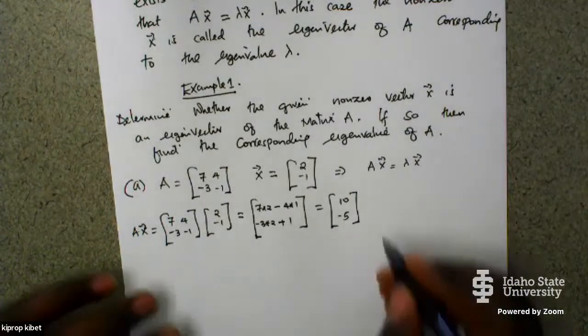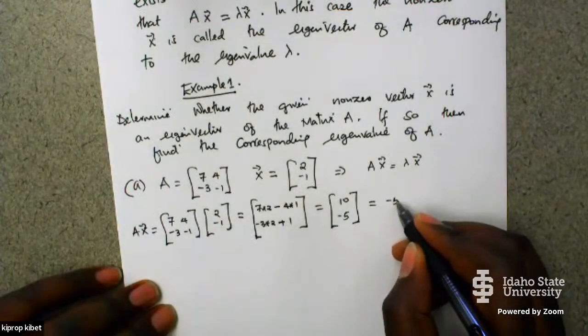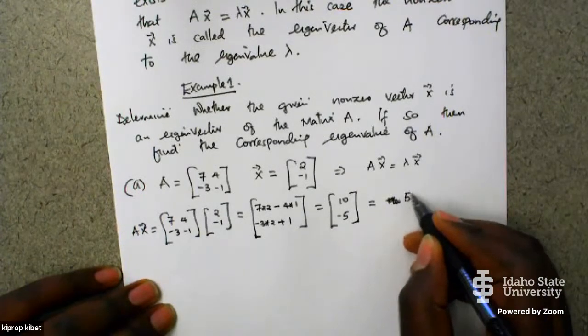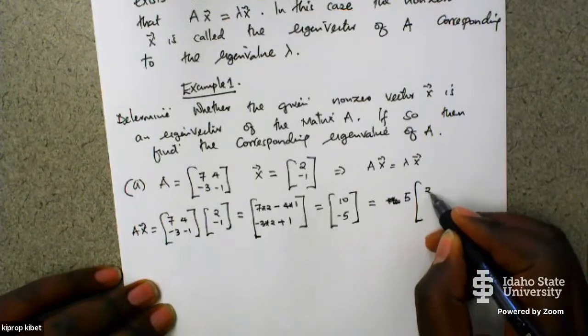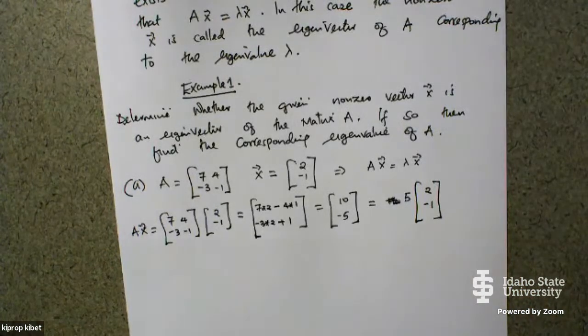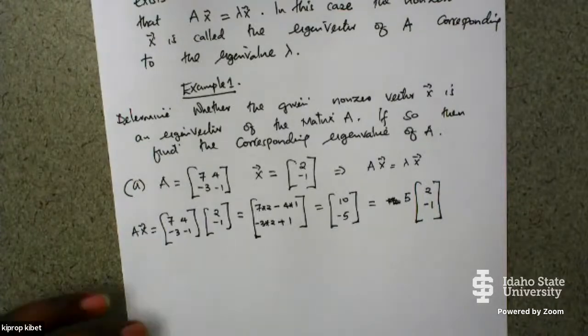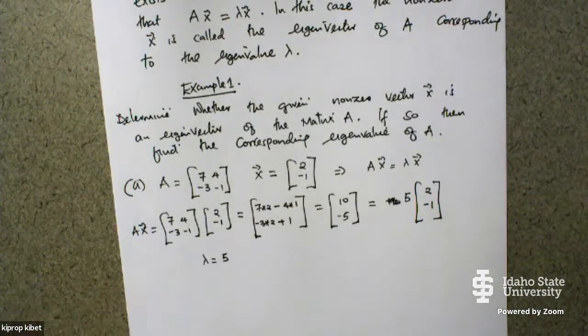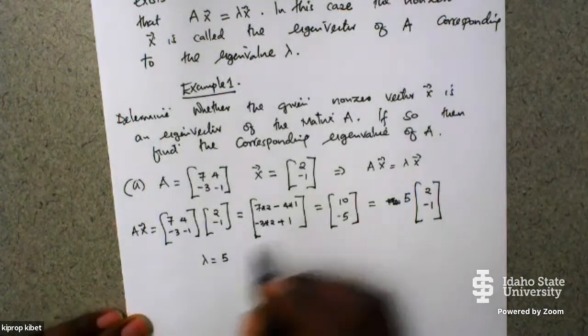So here, when we factor out 5, what we get is 2 and minus 1. So what can we see from here? It means that this is our x, and this 5 is our eigenvalue. So our lambda equals 5.